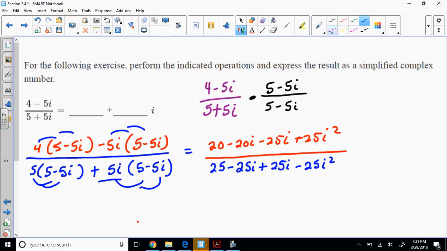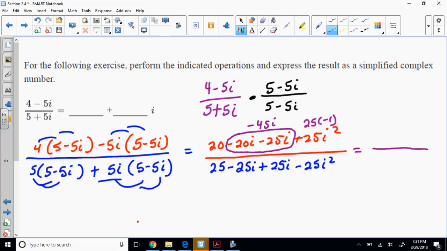All right. So let me clear some stuff up. This is going to be 25 times negative 1, right? Y'all good with that? And then this will all be negative 45i. Y'all agree?